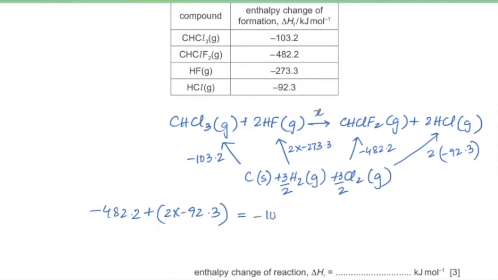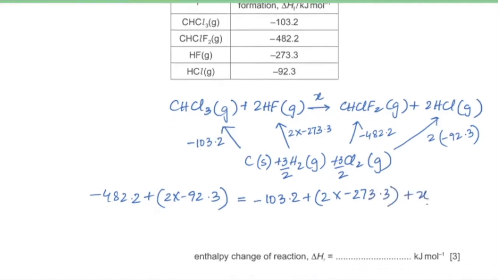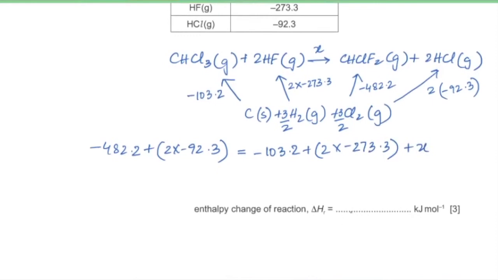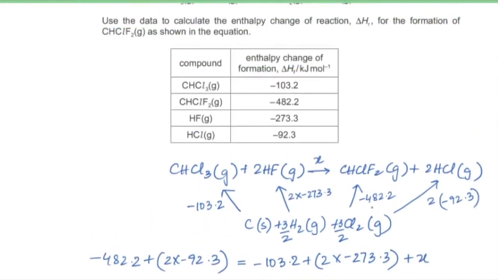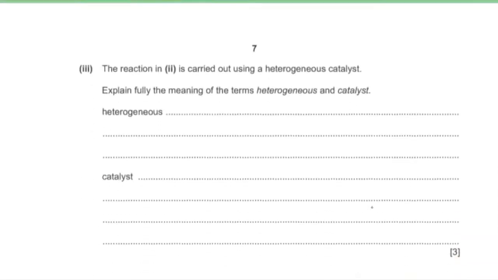So negative 103.2 plus 2 moles of HF, which is 273.3, plus x. So when you rearrange your equation, you will have the value for x as negative 17 kilojoules per mole. This is the enthalpy change for this reaction of formation of CHClF2 and 2 moles of HCl.